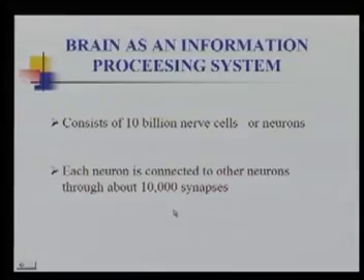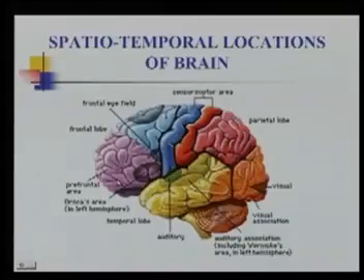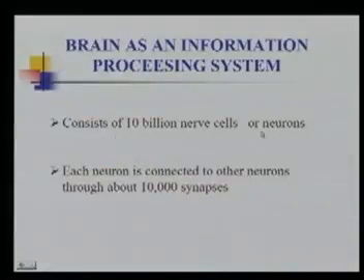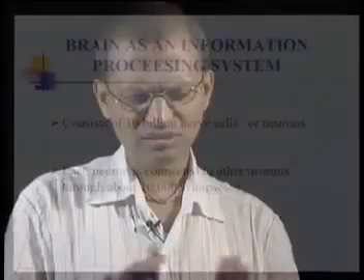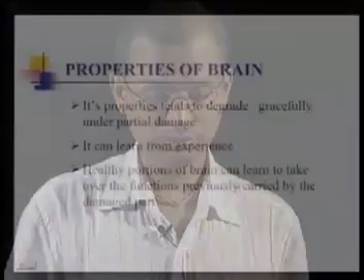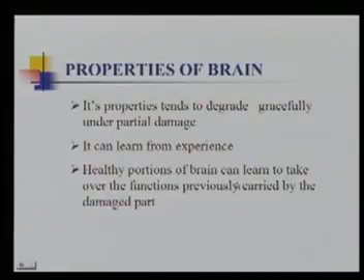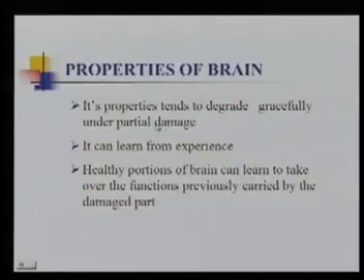The brain that we showed consists of 10 billion nerve cells or neurons. Each neuron is connected to other neurons through about 10,000 synapses. That may not be an exact figure, but an estimation. Let us look at some of the properties of the neural networks inside the brain. The first property is that they tend to degrade gracefully under partial demise.